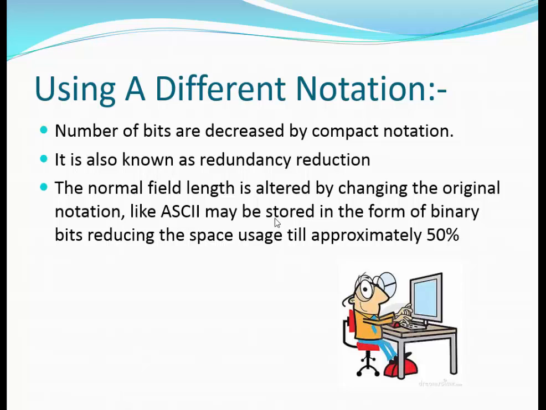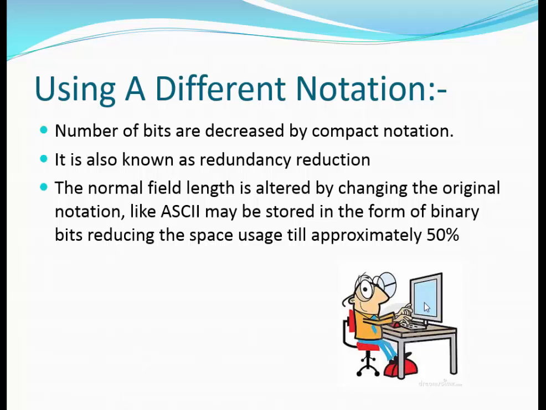And my friends, the best part is that by doing this you will save approximately 50% of your space. That means with that luggage example, in the same suitcase, you will be able to put 50% more of your clothes. So in this method, they simply convert the way in which the bits are stored.